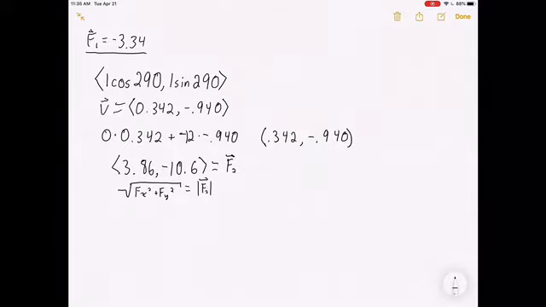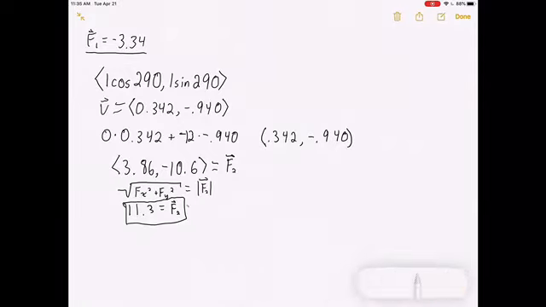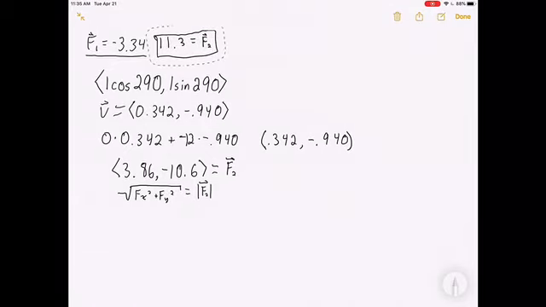Putting that into the calculator with the values right above it, you get 11.3 is equal to F2. So there's our second answer for the force orthogonal. So we now have these two answers.